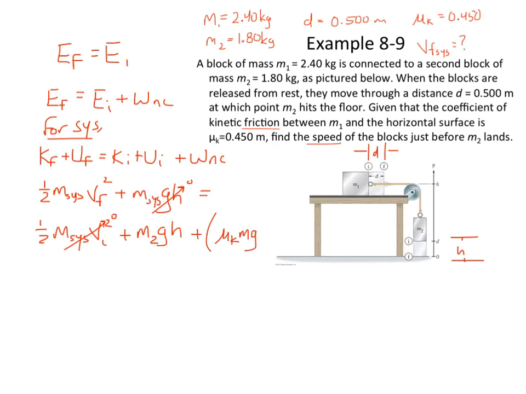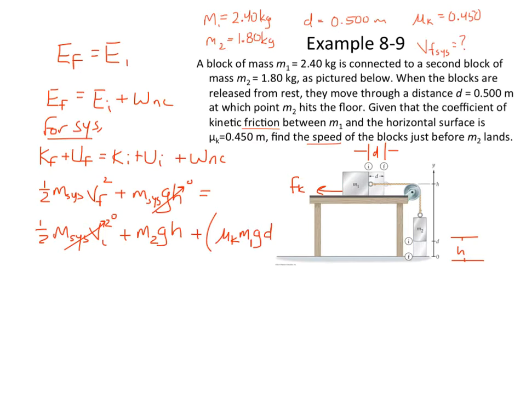Oh, I should say, m what? Which mass is creating that friction? Both masses? No, just m1, right? m1 times gravity. So there's our mu k, there's our normal force. And that friction force that's acting against the system right there, Fk, is doing that for what distance? For a distance d.